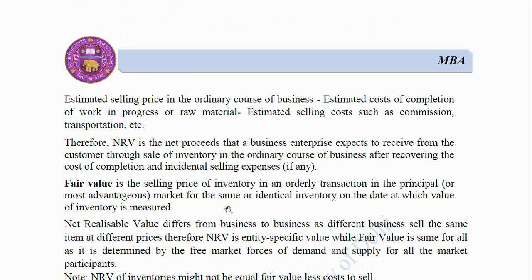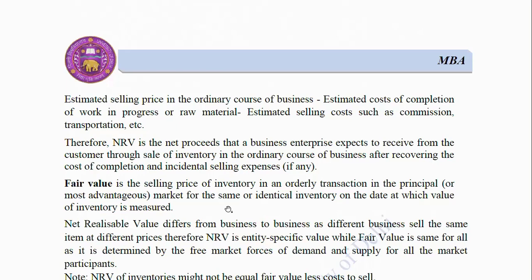Fair value is the selling price of inventory in an orderly transaction in the principal or most advantageous market for the same or identical inventory on the date at which the value of inventory is measured.